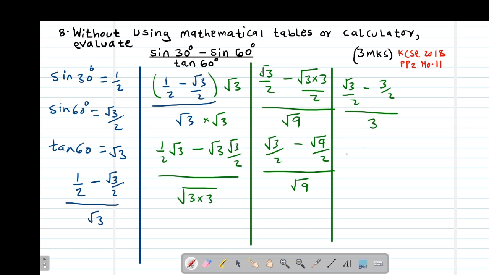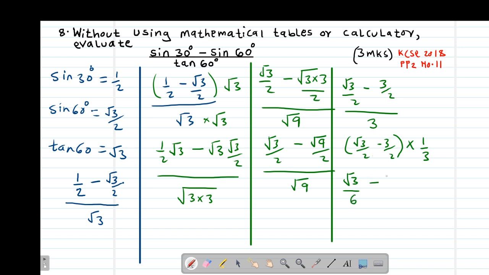When you divide, you multiply with the reciprocal. So this is the same as root 3 divided by 2 minus 3 over 2, multiplied by the reciprocal of 3, which is 1 over 3. If I open the bracket, I'm going to have root 3 over 2 times 3, which gives 6, so root 3 over 6.